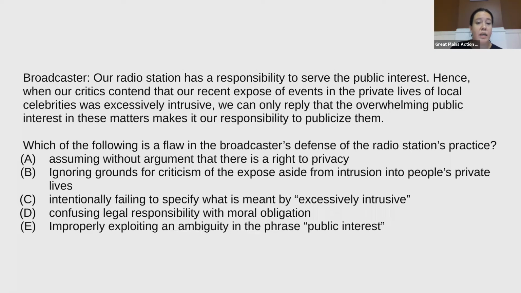No. C, intentionally failing to specify what is meant by excessively intrusive. No. D, confusing legal responsibility with moral obligation. No. E, improperly exploiting an ambiguity in the phrase public interest. There it is. So we can see that E is our answer. All right, let's keep going.